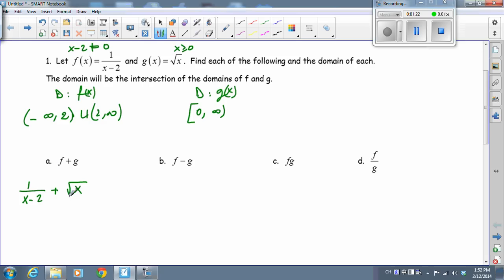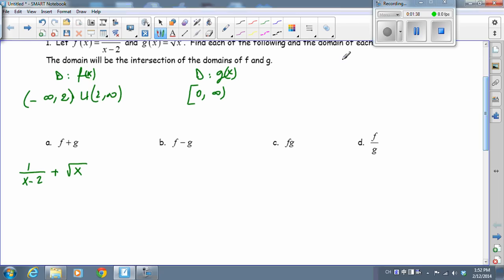Now, to find the domain of f plus g of x, we need to combine these two domains. By combining these two domains, we will find the intersection between the domain of f and the domain of g. If you can picture the intersection, that would be great. If you cannot picture the intersection, I suggest you start with a number line.